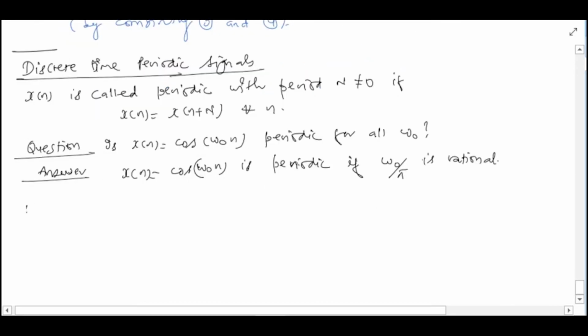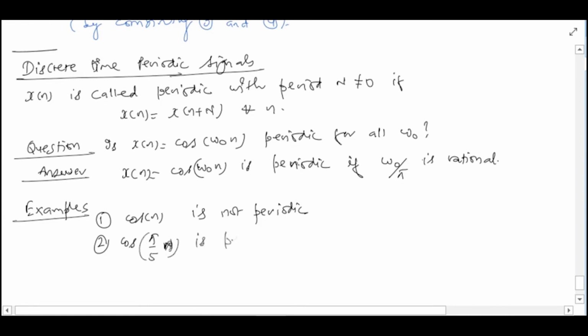Okay, here are a few examples. cos(n): clearly 1 by pi is not rational, so this is not periodic. cos(5 pi by 5 n), what about this?